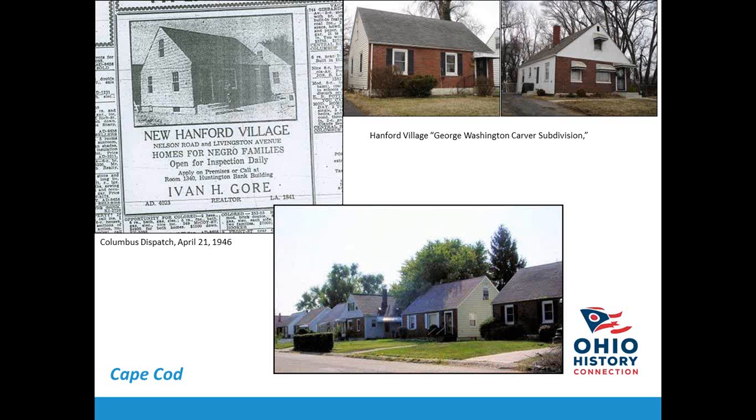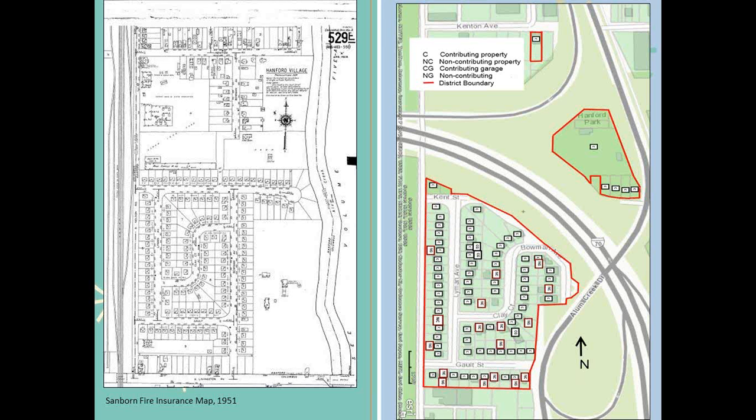The beauty of the Cape Cod was that it was a very efficient floor plan, but it was also 2.5 stories. Often the upper story could be built out at a later time for a teenager or relative. And so it did lend a lot of flexibility in a relatively small amount of square footage.